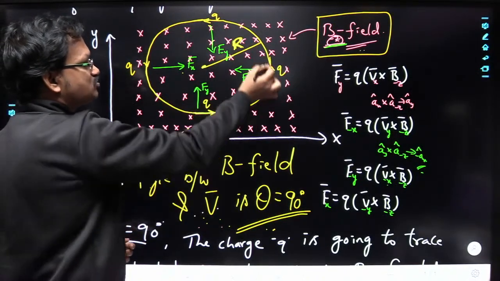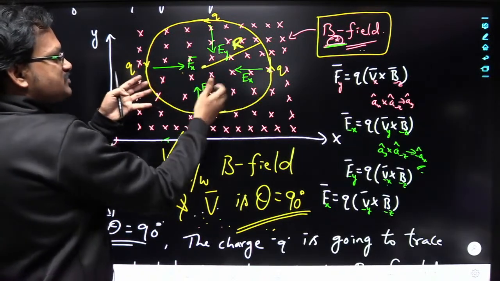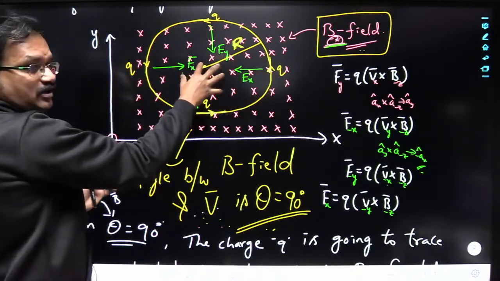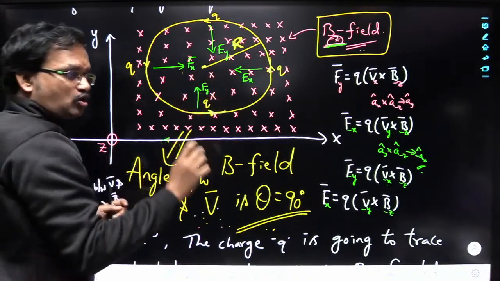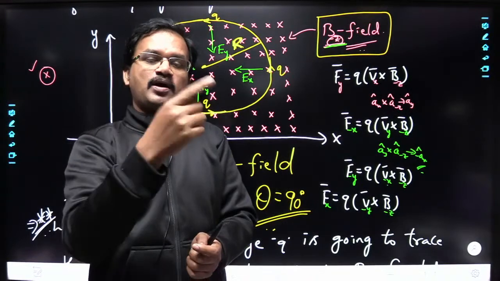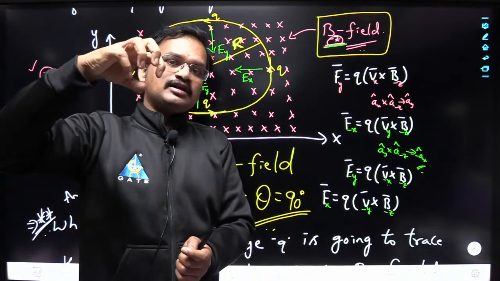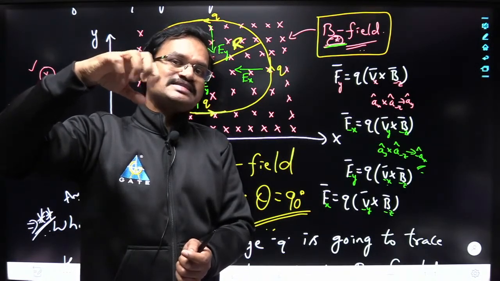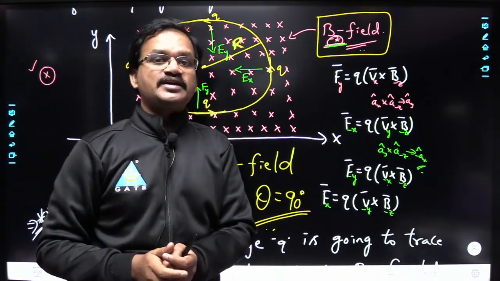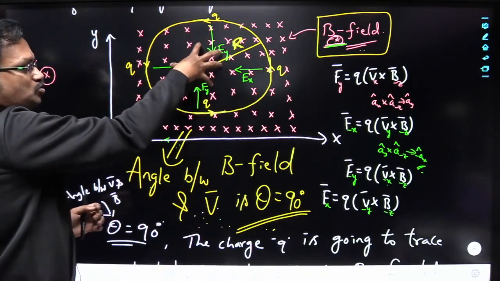Whenever the charge is moving along this circular path, a force, this magnetic force, is trying to pull the charge towards the center, yes or no? So whenever a particle is circulating along a circular path, a force will try to pull that particle towards the center. That force is nothing but the centripetal force. Now here, this magnetic force is trying to pull the charge.